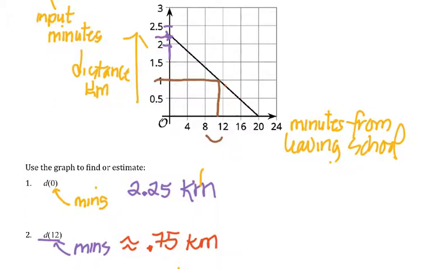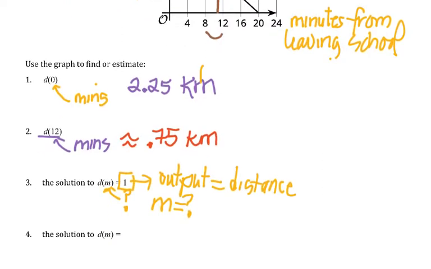So I would say it's approximately 11. So approximately 11 minutes. It's not exact, right? Because we don't know exactly. All right. How about the solution d of m? So what is that? What is d of m? Well, it's just going to be the minutes.